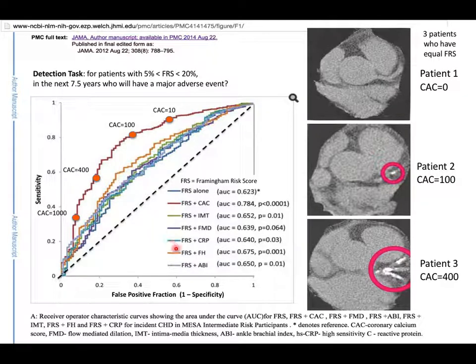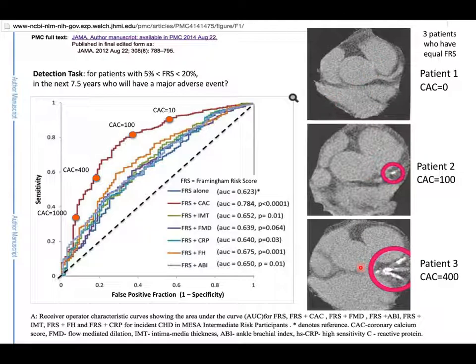Family history maybe goes up a little bit. This one, on the other hand, is coronary calcium. Okay, so if you do Framingham risk score plus coronary calcium in people who are in the middle pot of risks in Framingham risk score, this is how that curve changes, right? So it's really good. And it's pretty simple to understand why.